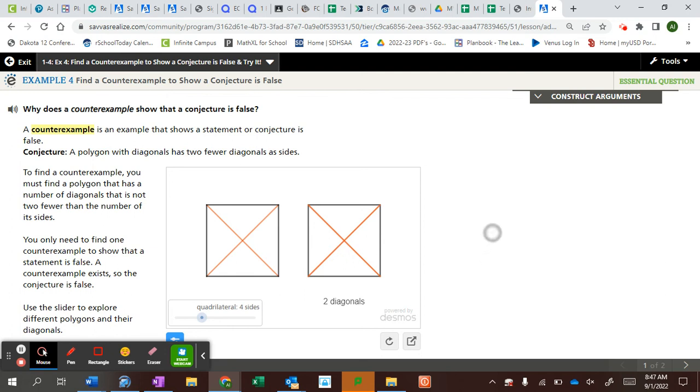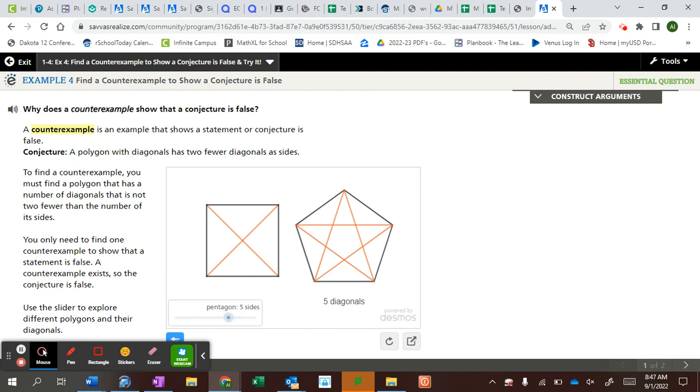The statement is a polygon with diagonals has two fewer diagonals than sides. So if it has four sides, it has two diagonals. It's true for a four-sided figure, right? If we look at a three-sided figure, does it have any diagonals? No. So it's false for that.